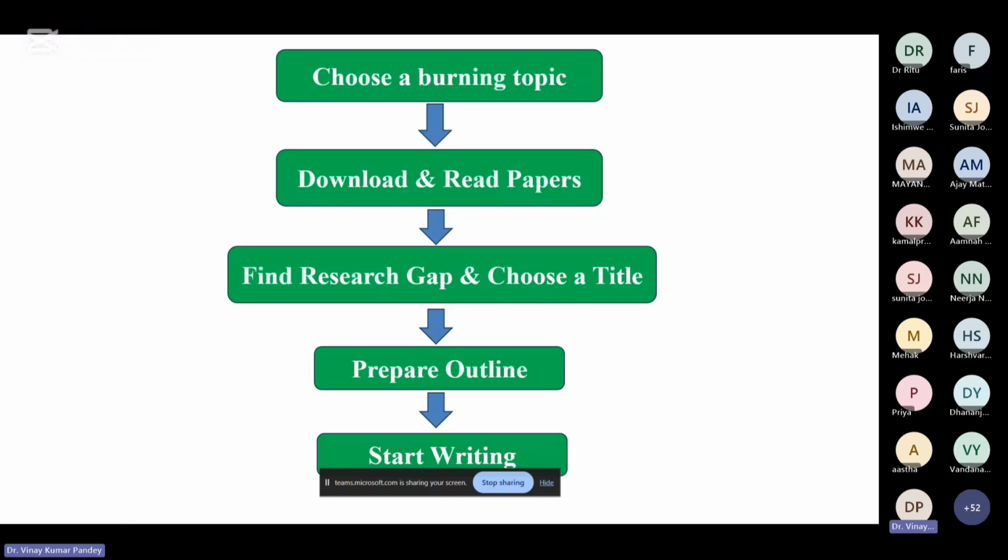Research gap is what? Suppose you have downloaded some 5 or 6 papers, for example, right? You have read all those 5 or 6 papers. Now you have found out that one particular paper does not have that specific experiment which you were expecting. Another research paper does not have that kind of research which you were expecting.